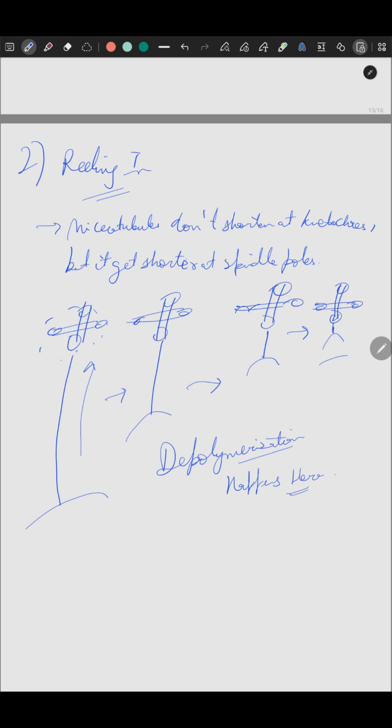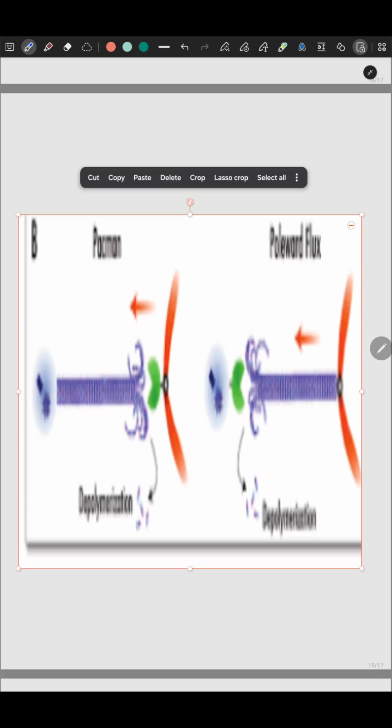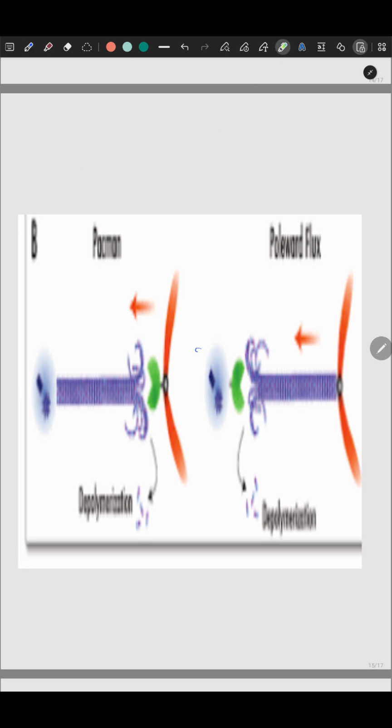I have a better picture. Wait. So for better understanding, you can see in the first method, the Pac-Man method, what happened here is that at the kinetochore, they are cutting the microtubules and slowly reaching there. But in the reeling in method, the spindle pole is also cutting the microtubules, but reaching at the opposite side towards the spindle.